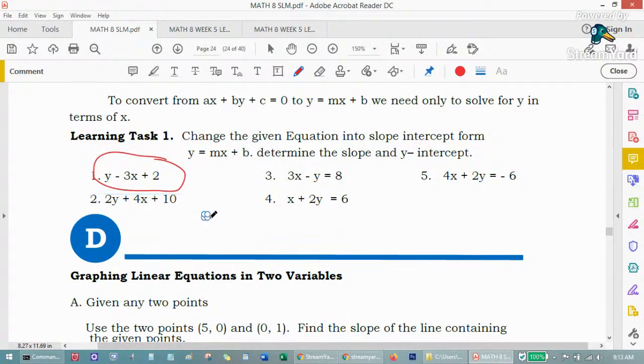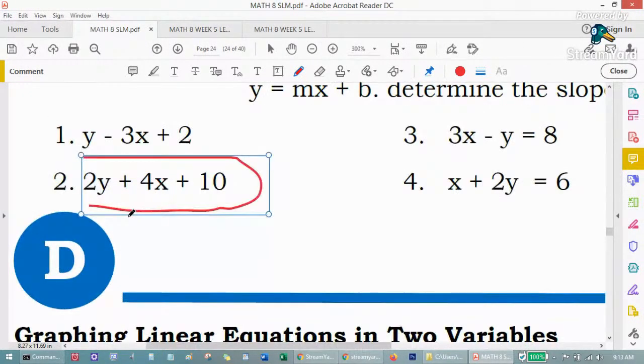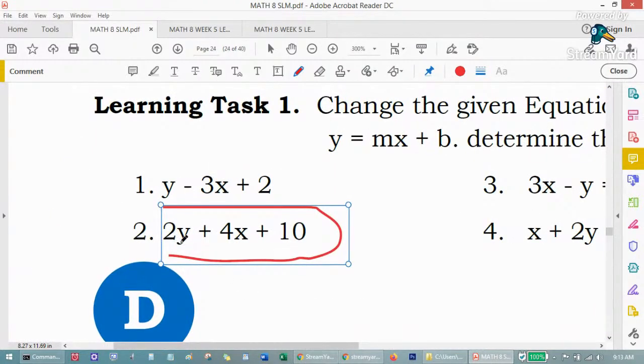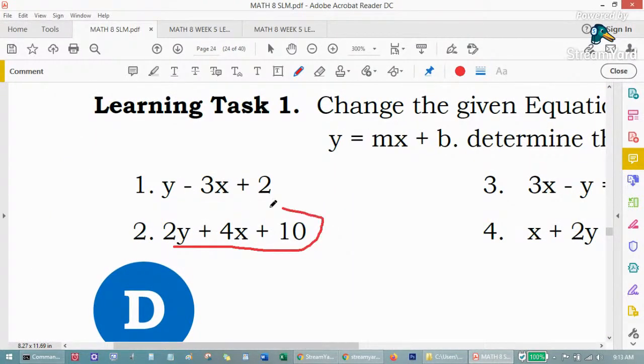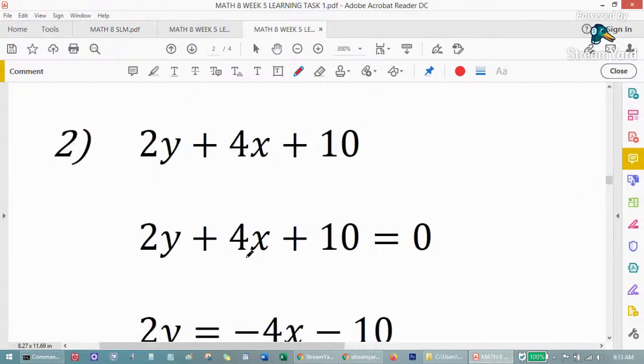Number 2 is 2y plus 4x plus 10. So, ang una natin gagawin is we're going to equate to 0. Kailangan equal to 0 siya. Okay?